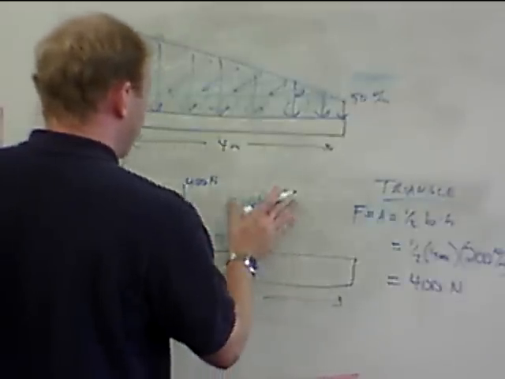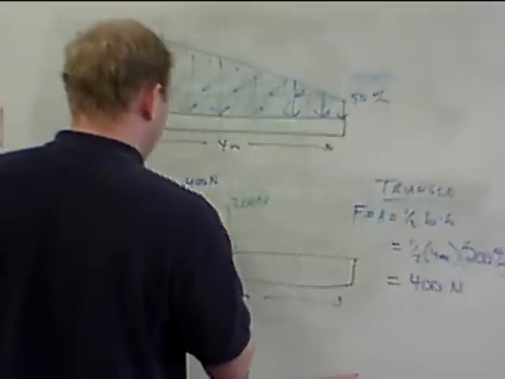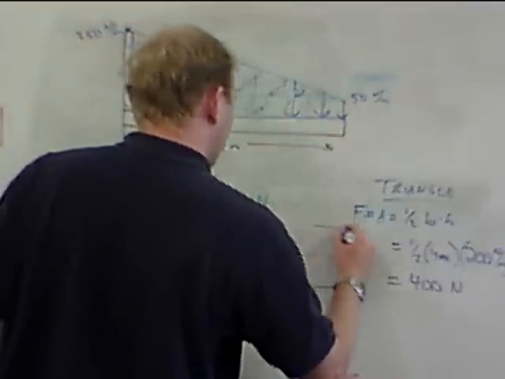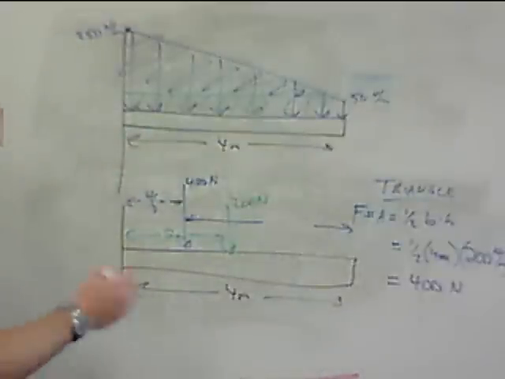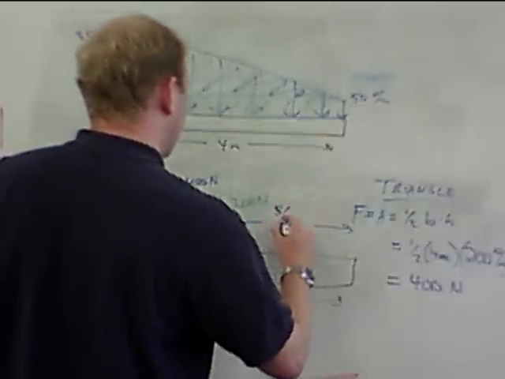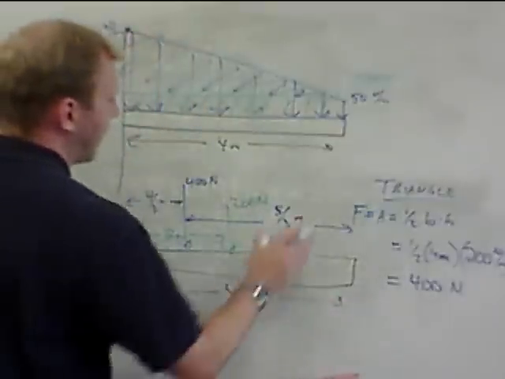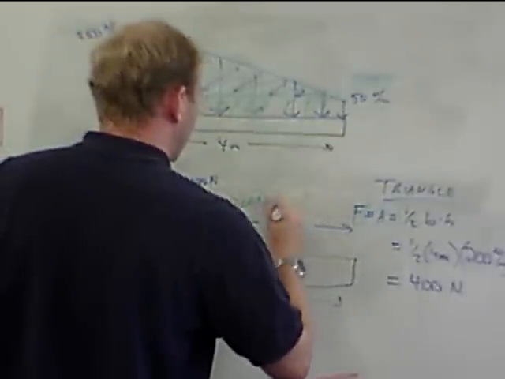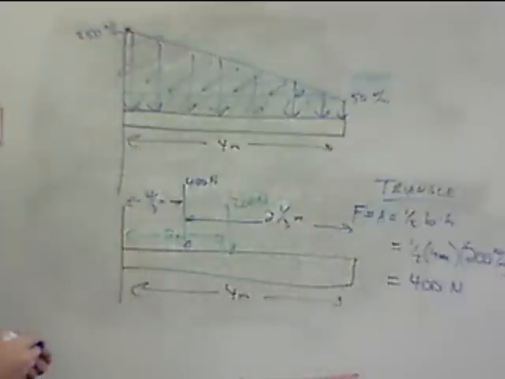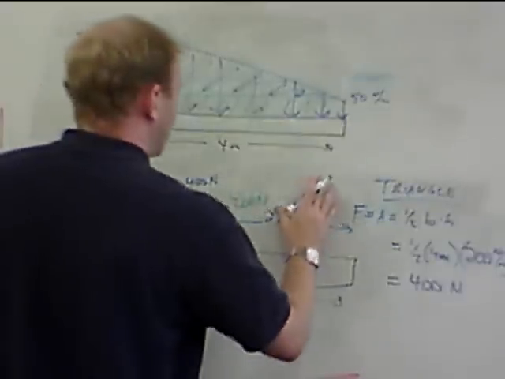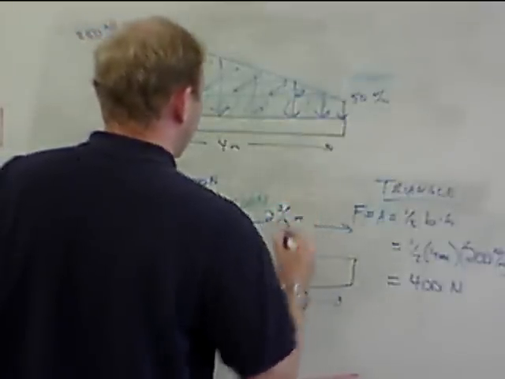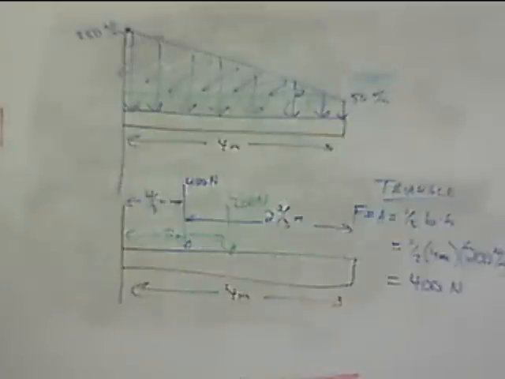And if you want to figure the rest of this out, this distance here is going to be, what does that end up being? 2/3 of 4, so that's 8/3 meters, or if you'd rather, 2 2/3. Doing math, right? All right.